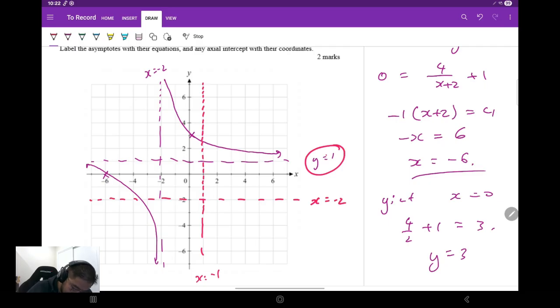If we know that we're only dealing with the positive quadrant, since we've got a y-intercept here of (0, 3), this one here will be (0, 3). This one here will be (3, 0). Okay, (3, 0).